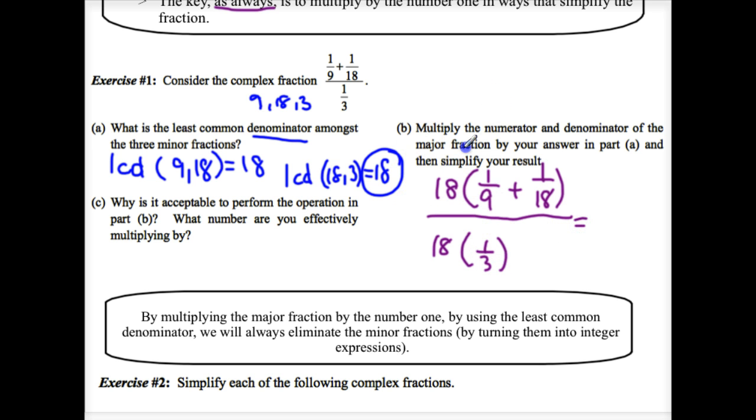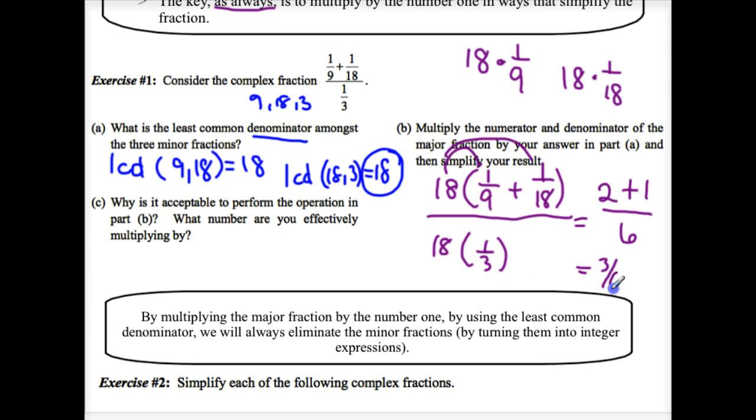On your calculator you're going to do 18 times 1 over 9. You should get 2 plus, and then you would do 18 times 1 over 18. You will get 1. The bottom works out to be a 6. This is 3 over 6, and we all know 3 over 6 is 1/2. That was a piece of cake.